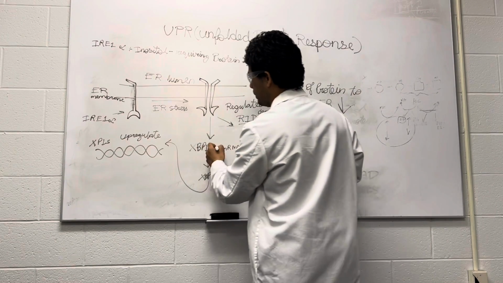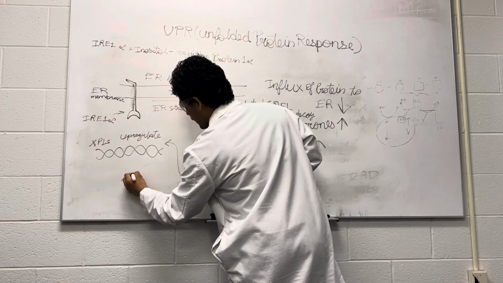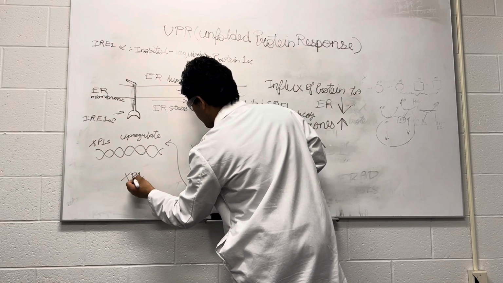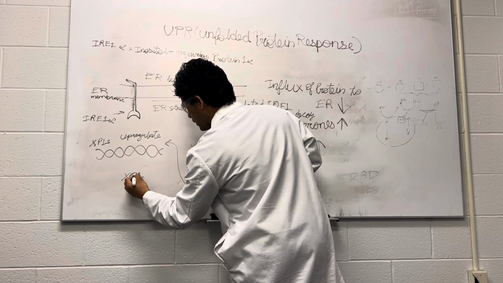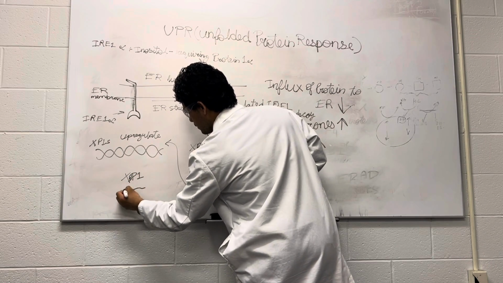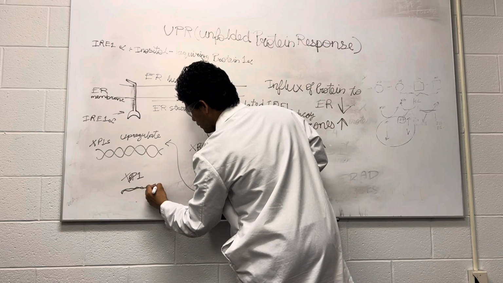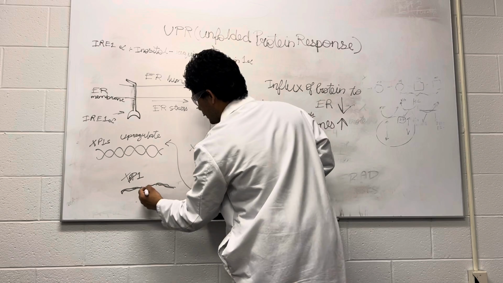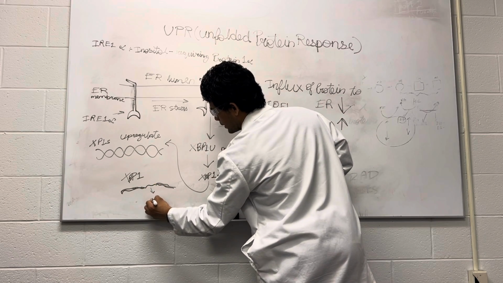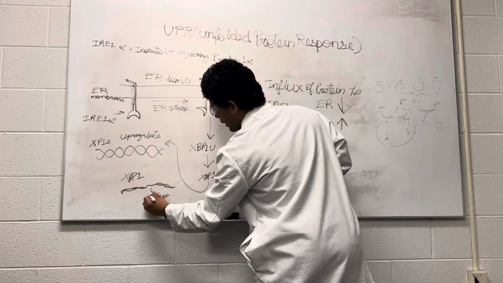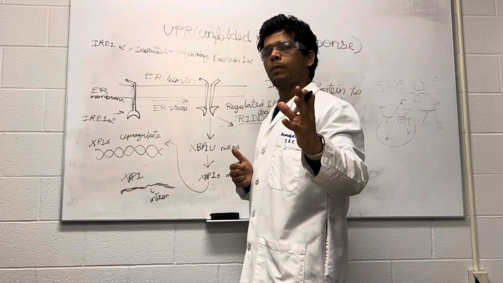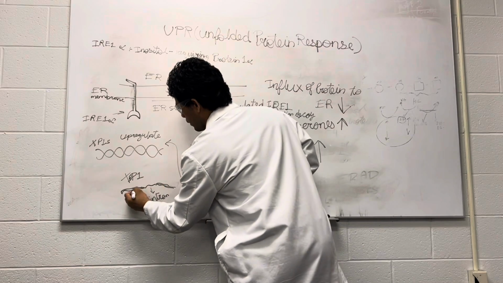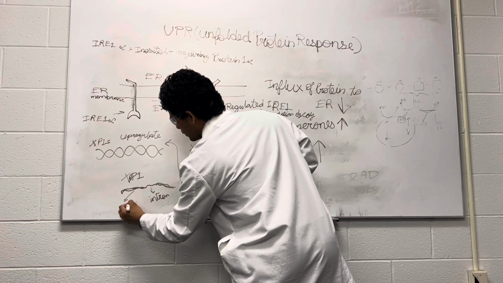Usually this XBP1 mRNA exists as unspliced. You can consider it as having an intron. So the mRNA has two parts: one is the intron, and the other part is the exons.